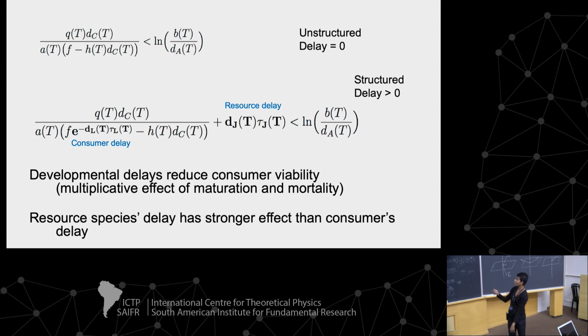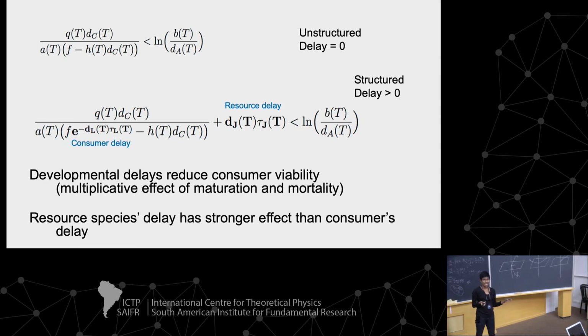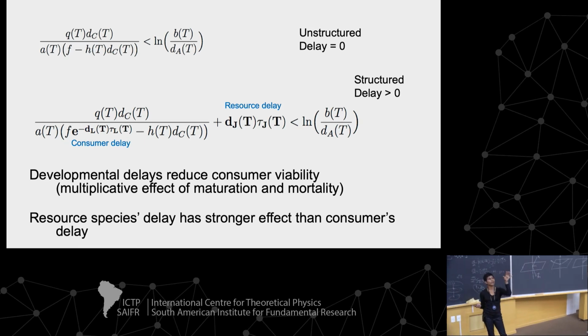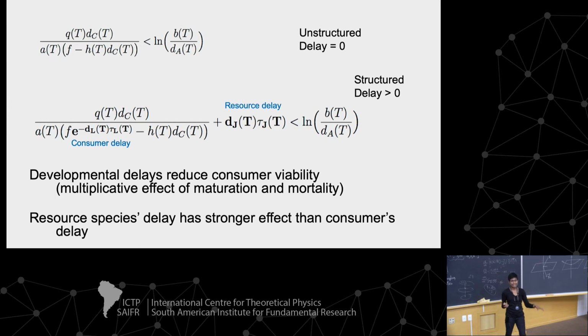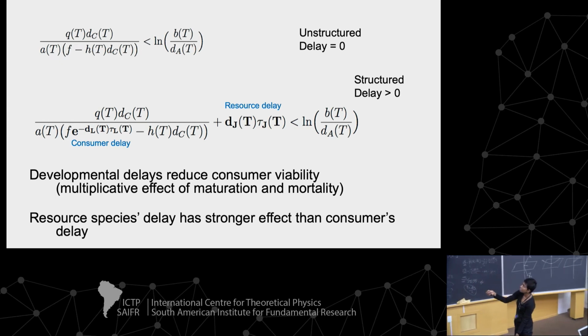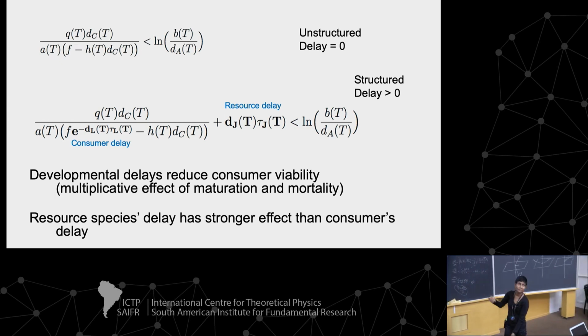Okay? So now notice, because it comes in as an additive term, the resource species developmental delay has a stronger effect on the consumer's viability than the consumer's own developmental delay, which comes in only in the exponent. That's a pretty significant result.